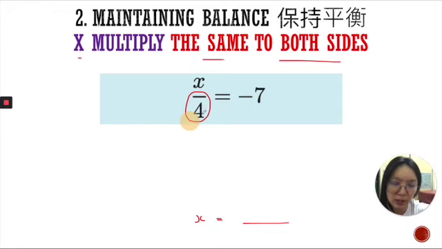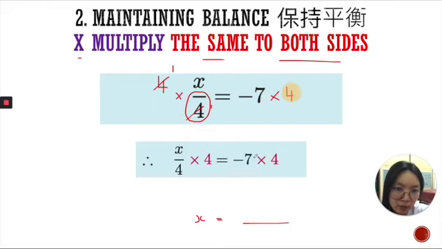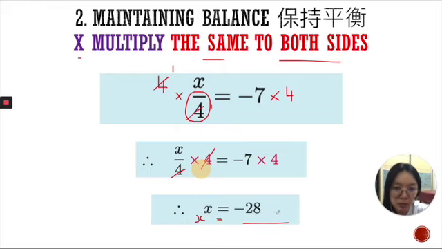To make this divide by 4 disappear, I have to times 4 so that I can slash the top and bottom off. Times 4 on the left, times 4 on the right. The next step, and then I slash it off. I'll get x equals negative 7 times 4, which is negative 28.